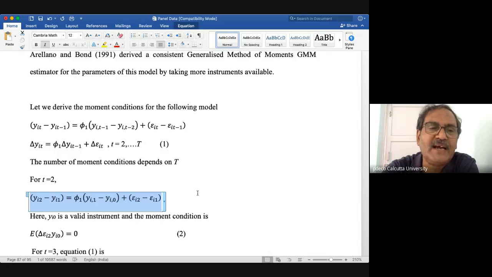Δyi2, that is yi2 minus yi1 on the left hand side, is equal to, on the right hand side, φ1 into yi1 minus yi0, plus epsilon i2 minus epsilon i1. Okay?